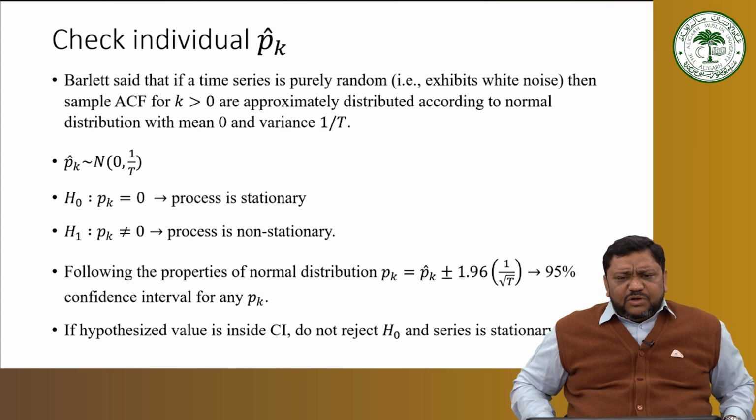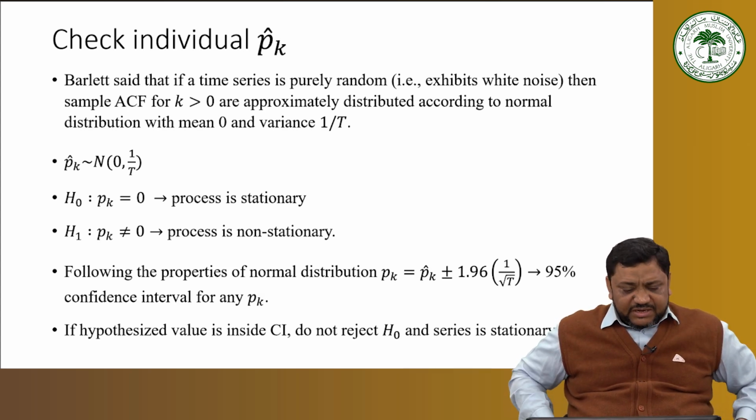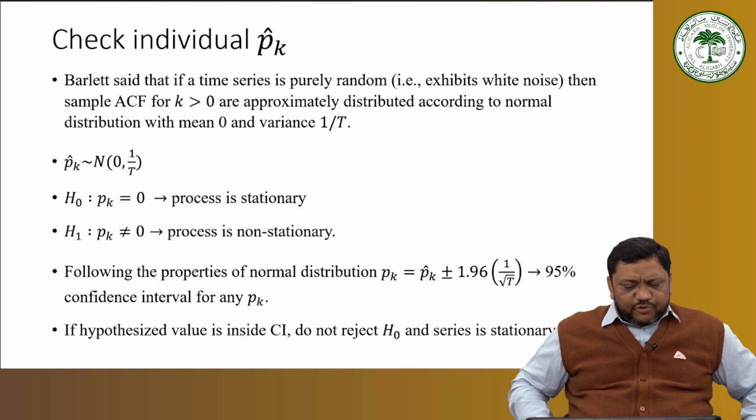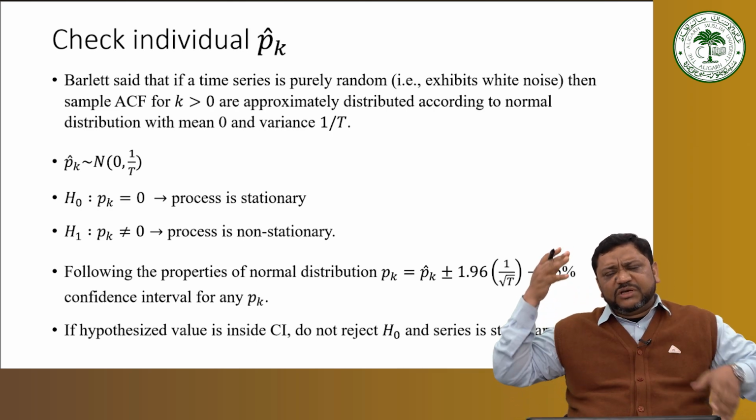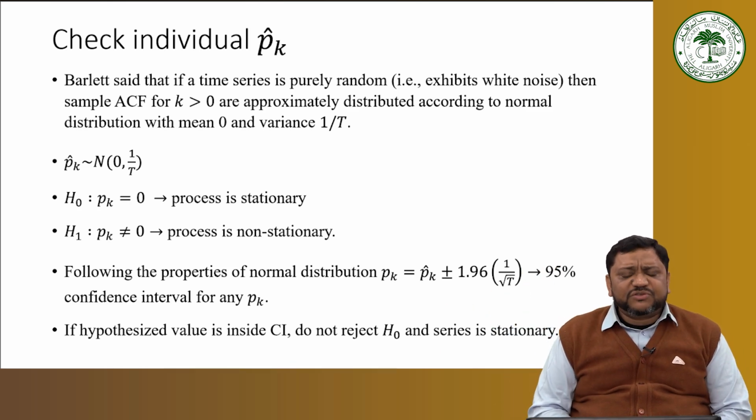Now, let us see how this testing is basically done. We can have two processes: one where you check all the lags together, and one where we check individual lags.